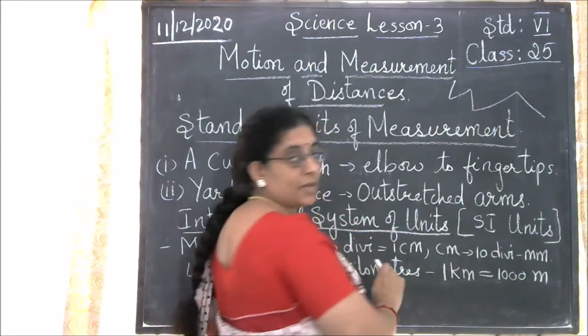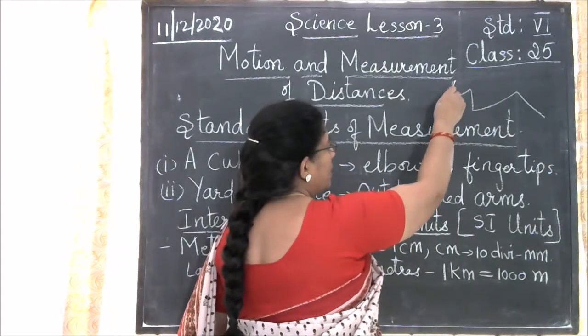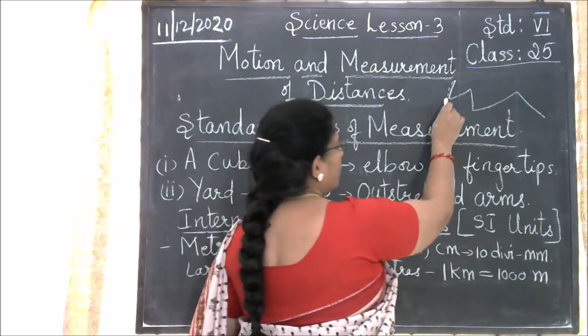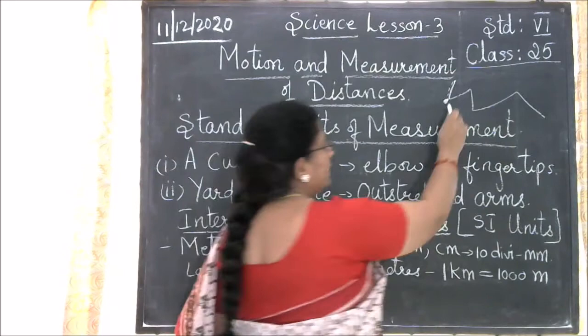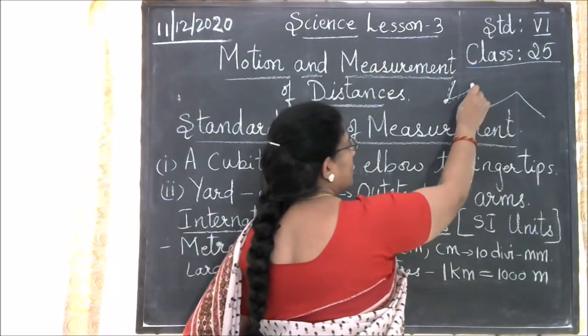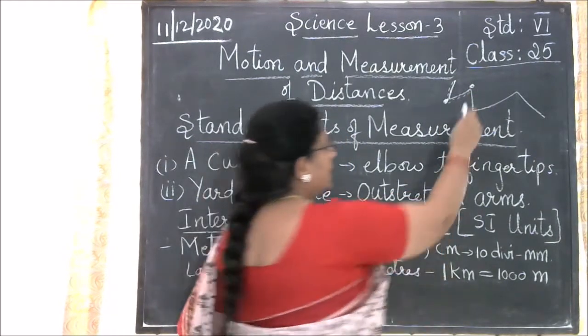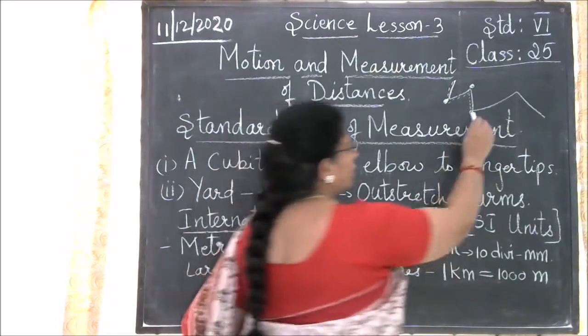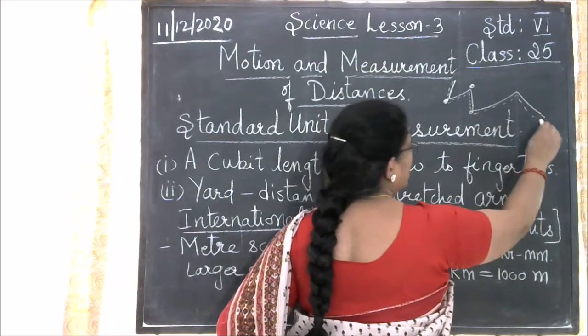Start from here to here. Measure the distance in the thread. Put a knot over here. Then again from here to here measure the distance. Put a knot. Then again from here to here measure the distance. Put a knot. The same thing will continue till the end.